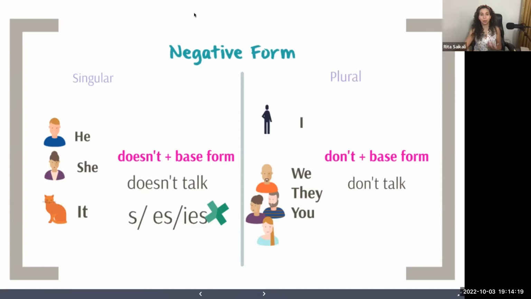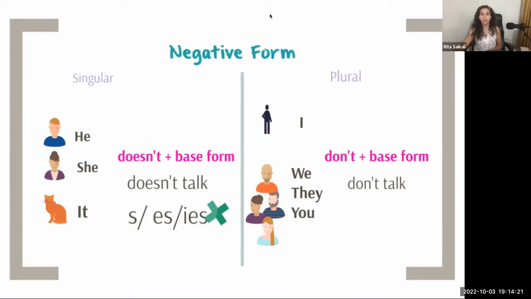So ideally what we do is we add an s at the end of that verb. So he talks, she talks, it talks. This is in the affirmative, which means it's positive.